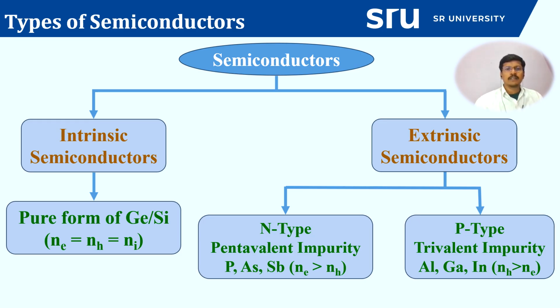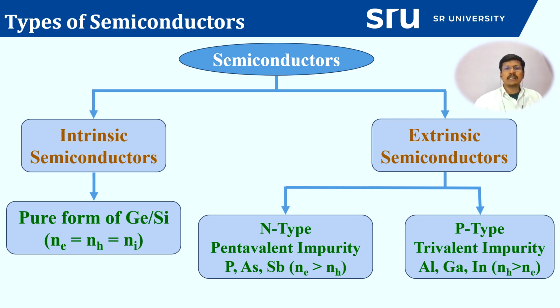Therefore, we can say the number of electrons is equal to the number of holes, which is equal to the number of charge carriers in the intrinsic semiconductors. Since the number of charge carriers is relatively small, the intrinsic semiconductors exhibit low electrical conductivity.